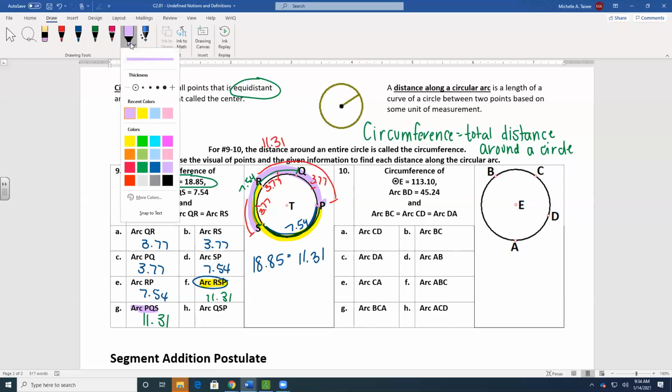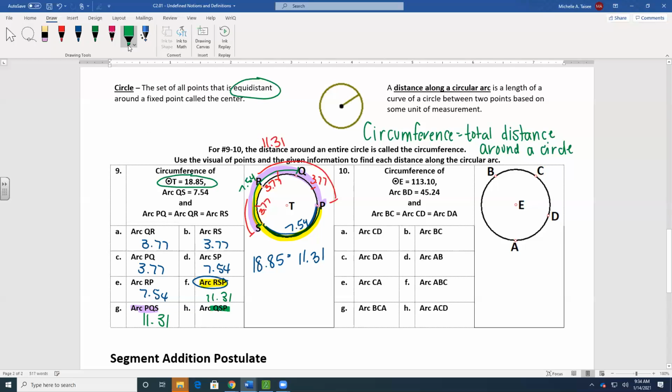And then my last one. So I have Q to S to P. So from Q touch S, finish at P. So it is a lot of the circle. What is it going to be? 15.08. All right, you do it.